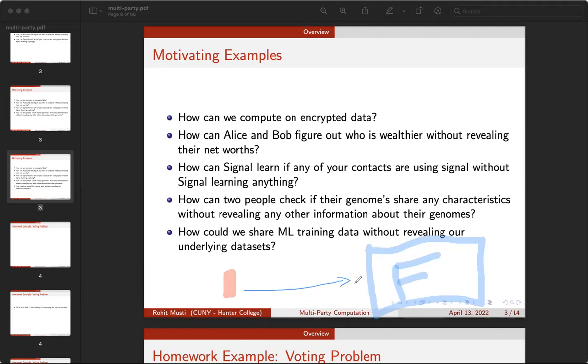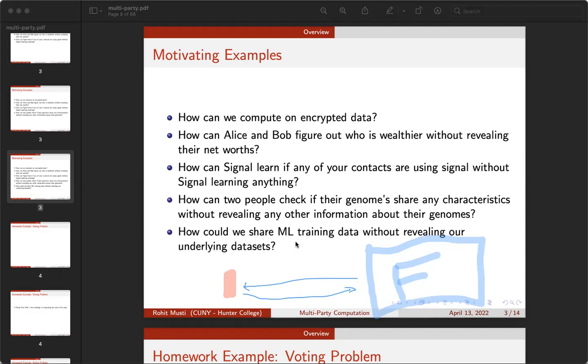But what if instead they supplied me with a function, and I could take that function, compute the result, and send it back to them, and then all they learn is the output of this interaction? They don't actually learn the underlying data. It's still not perfect privacy, but it's better than Facebook having all your data.